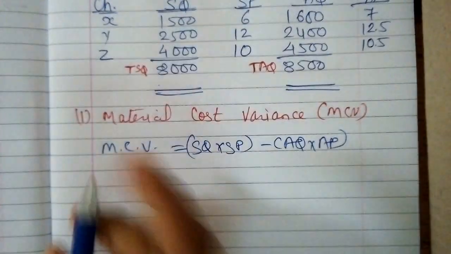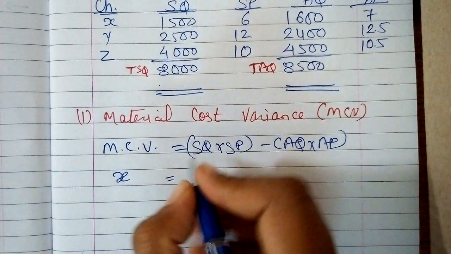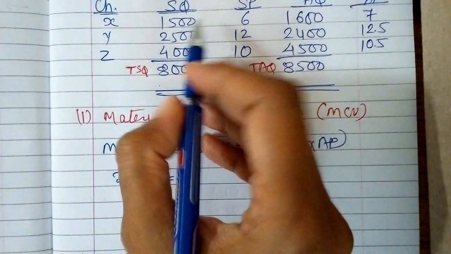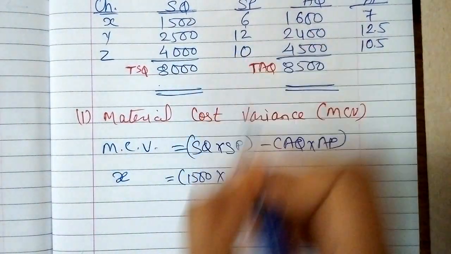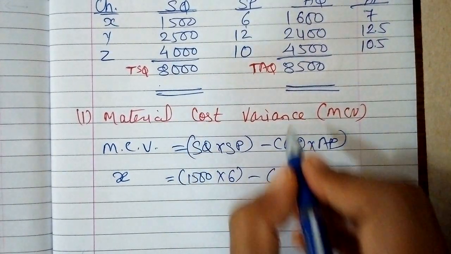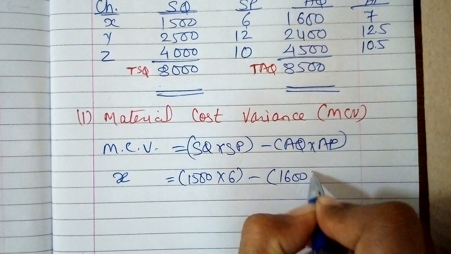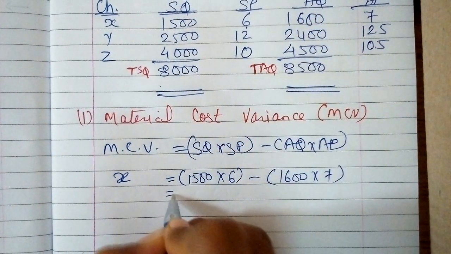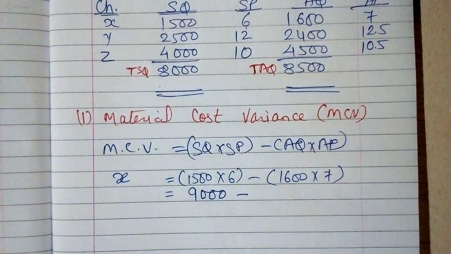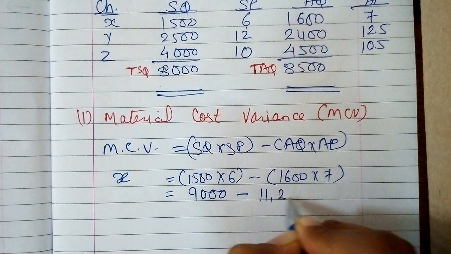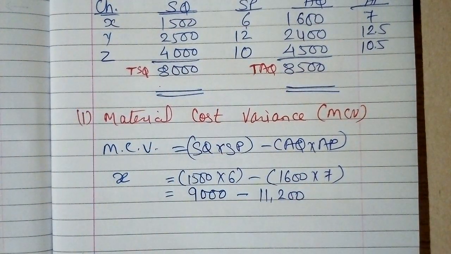Okay, so this is the formula. Starting with X, standard quantity of X is 1500, standard price is 6, minus 1600 into 7. So that would be 9,000 minus 11,200.